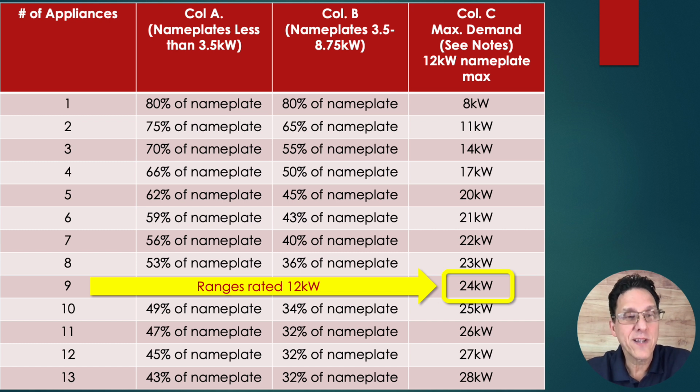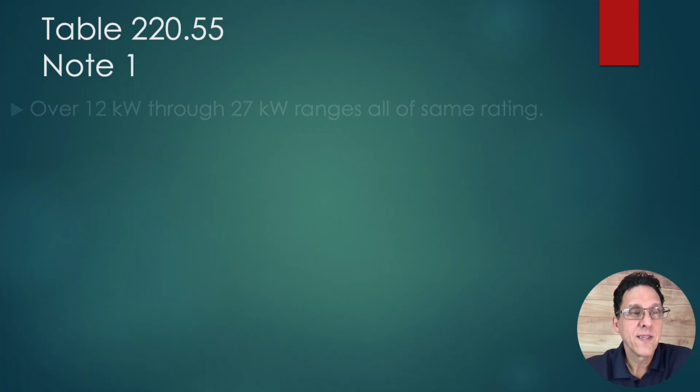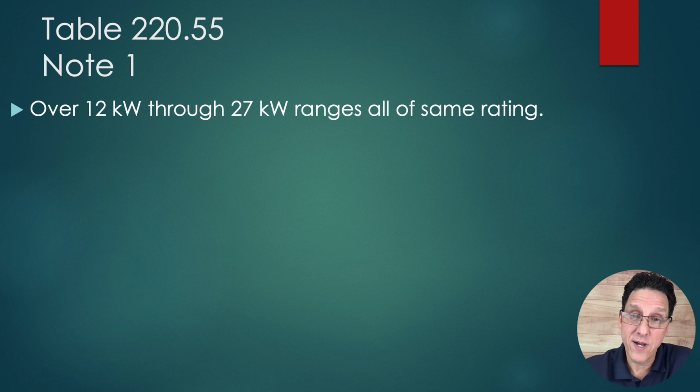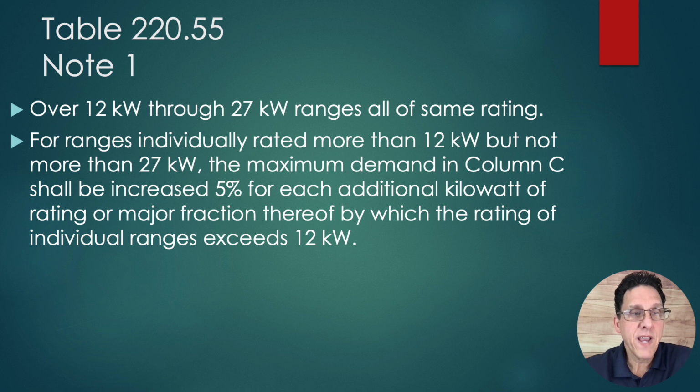Now let's take a look at Note 1. Note 1 says, over 12 through 27 kW ranges are all the same rating. For ranges individually rated more than 12 but not more than 27, the maximum demand in column C is going to need to be increased 5% for each additional kilowatt of rating or major fraction thereof, by which the rating of the individual ranges exceeds 12.